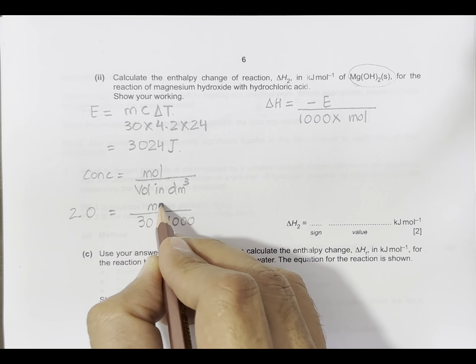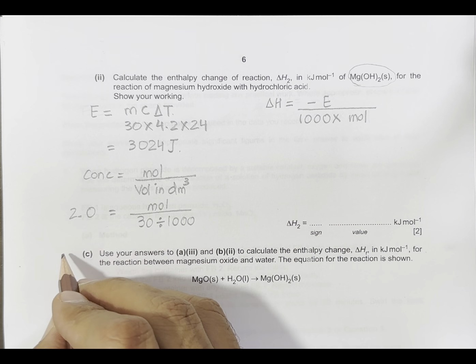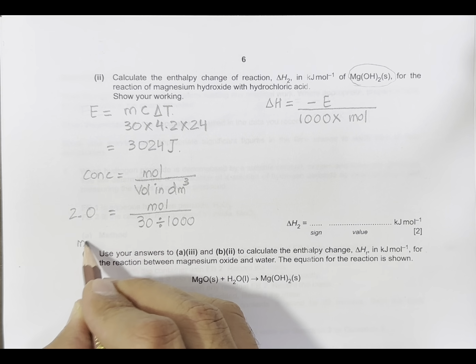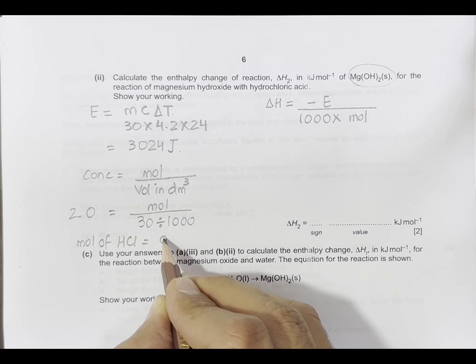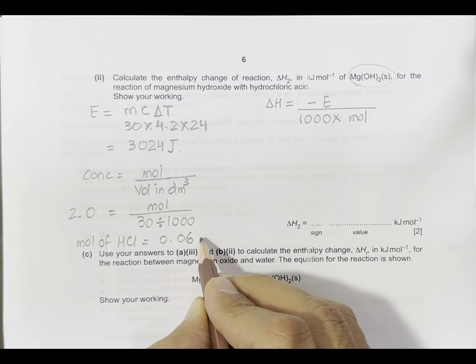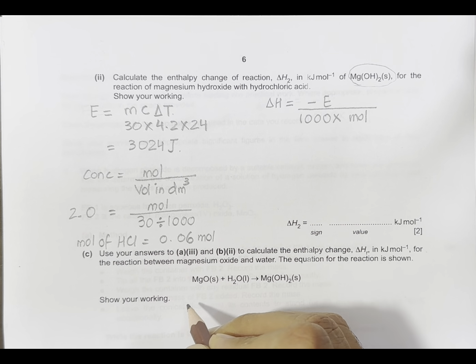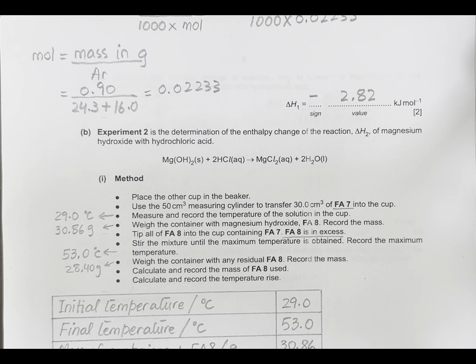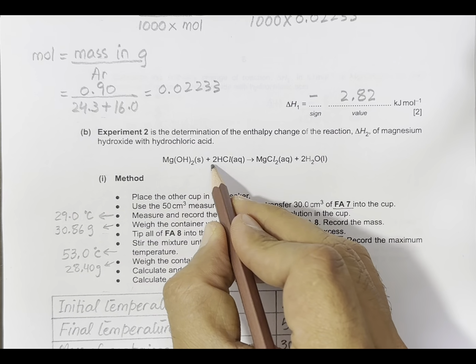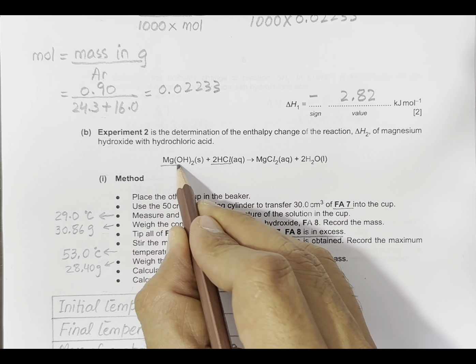In this way we will calculate the moles of HCl used. So moles of HCl is equal to 0.06 moles used.